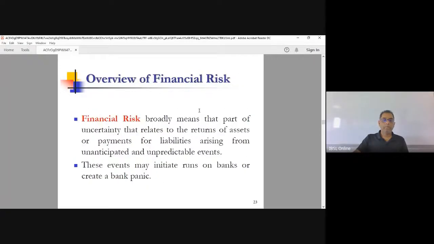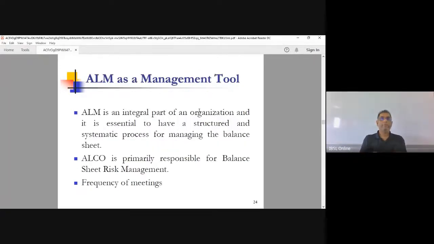Now we are going to go a little more in depth and try to understand how ALM fits into the organization. Basically, we are looking at ALM in ALCO, through ALCO, and what the primary responsibilities of ALCO are in terms of managing the ALM risk or the balance sheet risk of the bank.